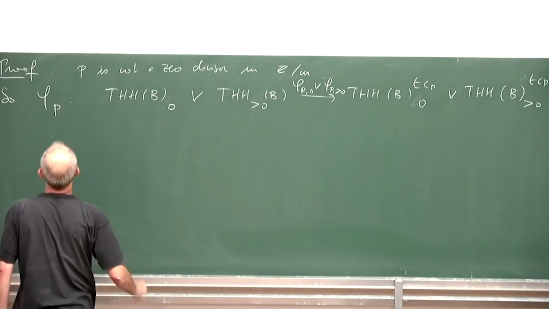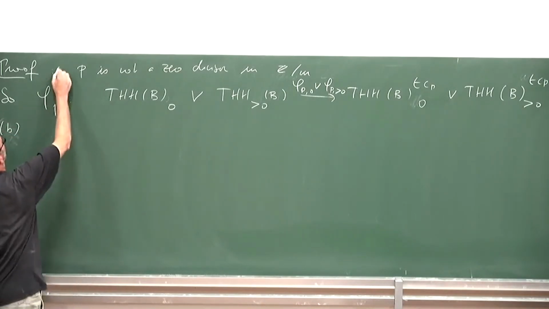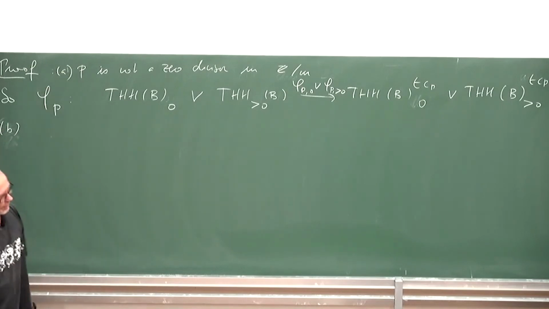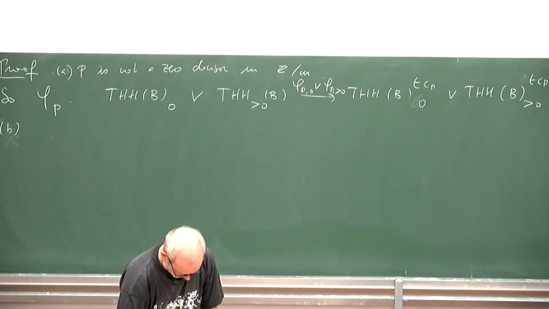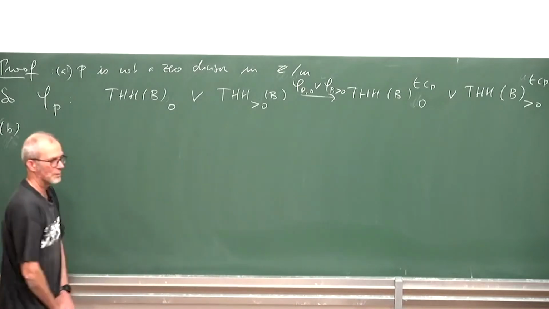And for B, it's also using a powerful theorem of Dundas, Goodwillie-McCarthy.